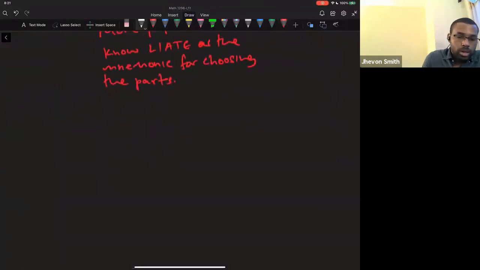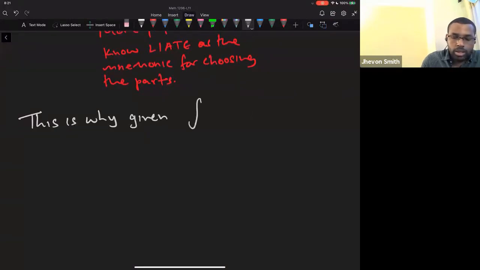So this is why, given the integral x e to the x dx, what I noticed here was that the x falls under the A category, while the e to the x falls under the E category.